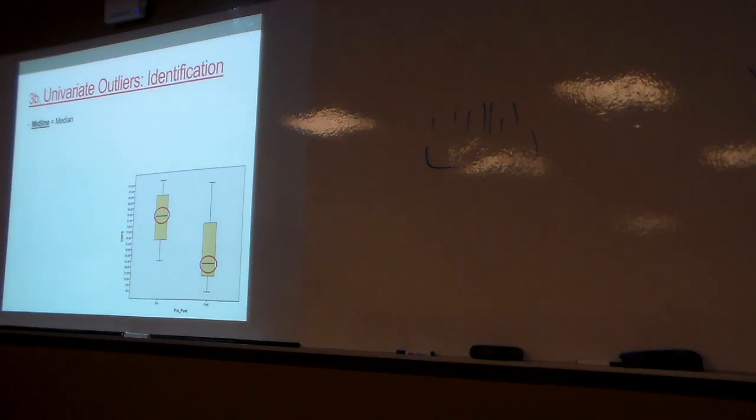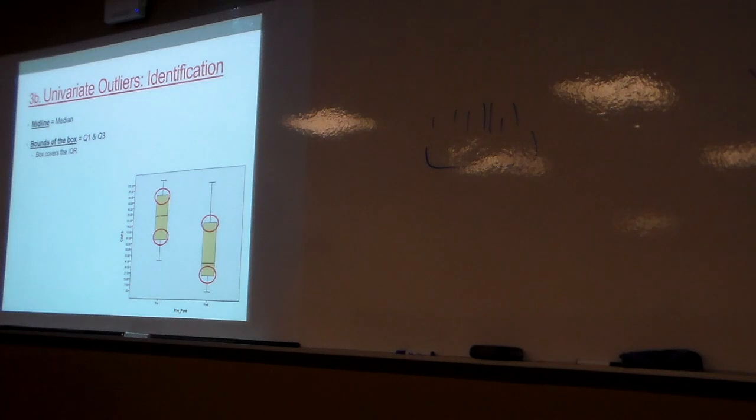Remember, just as a review, the midline of our box plots is our median, right? This is our 50th percentile. This is the middle value of the distribution. The bounds of the box, the upper and lower bounds, are going to be our first and our third quartile, right? 75th percentile up here, the 25th percentile down here.